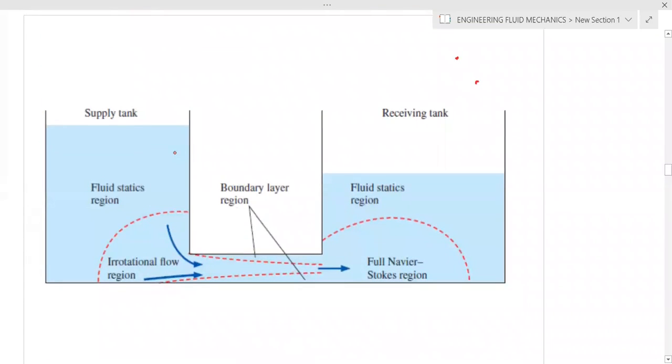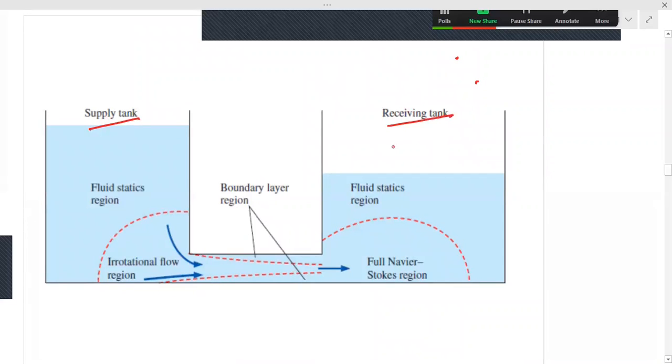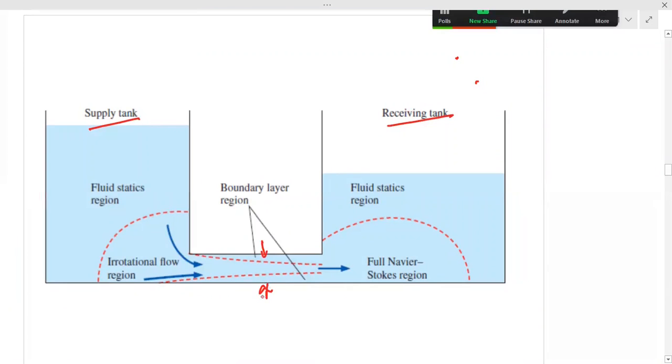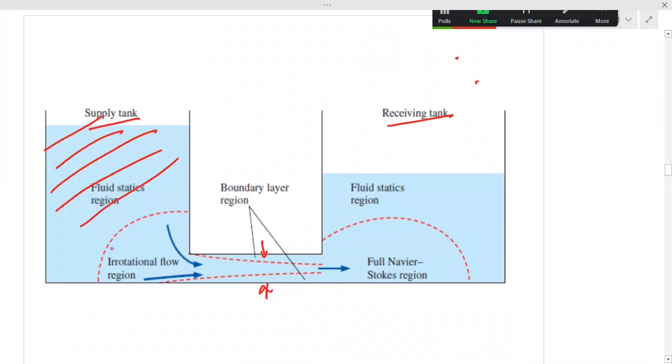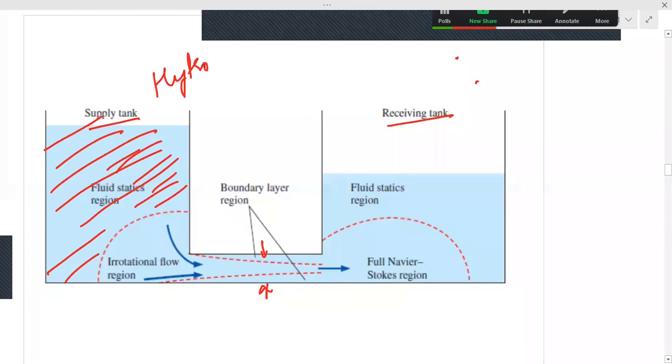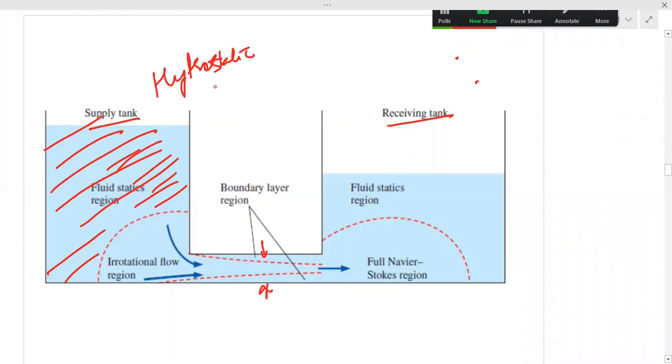this process in which there is a supply tank and a receiving tank. Both are connected by a kind of a pipe. So you are able to see, if you want to analyze this region, you could simply use the hydrostatic equation.